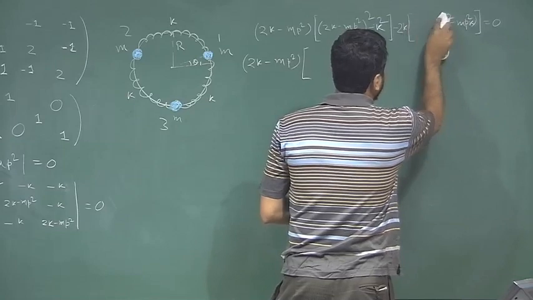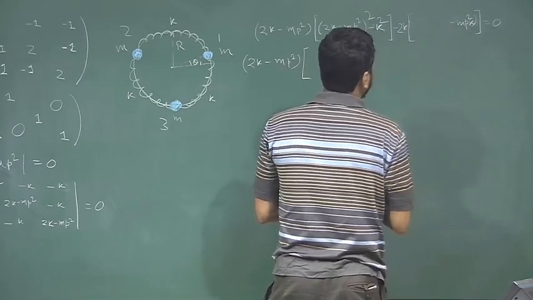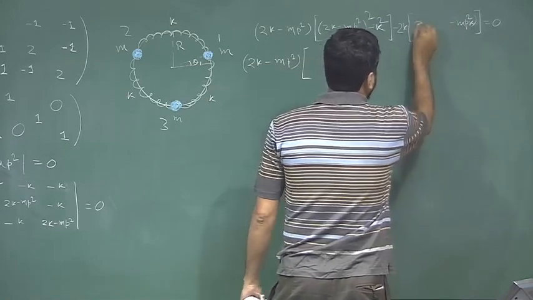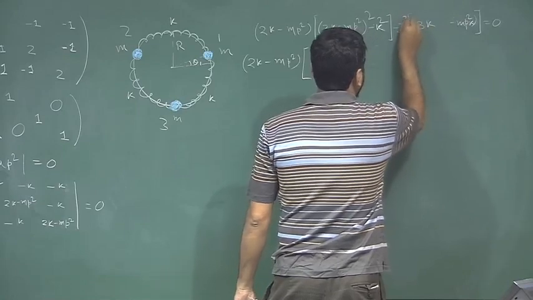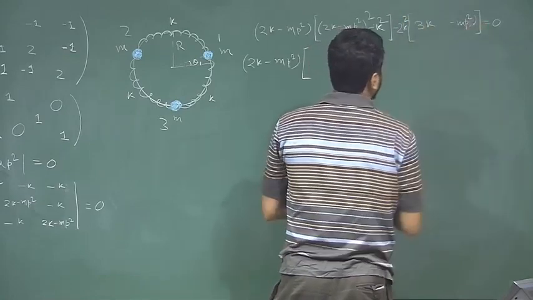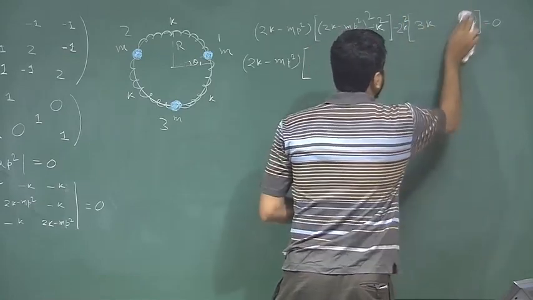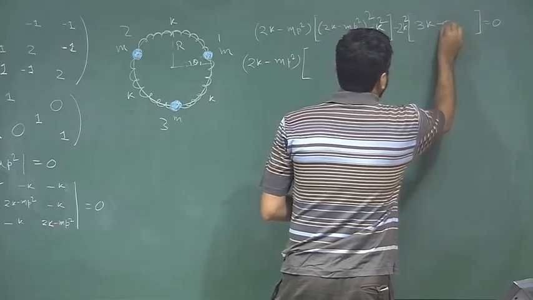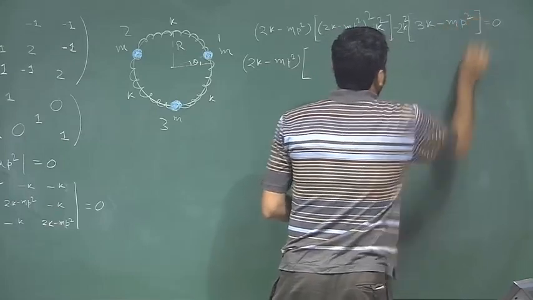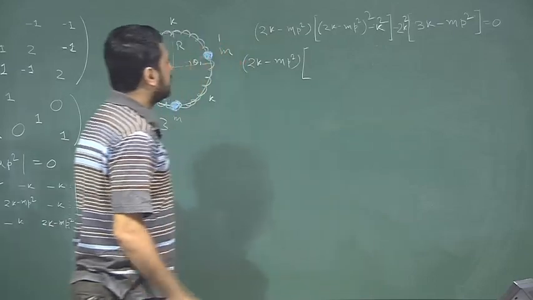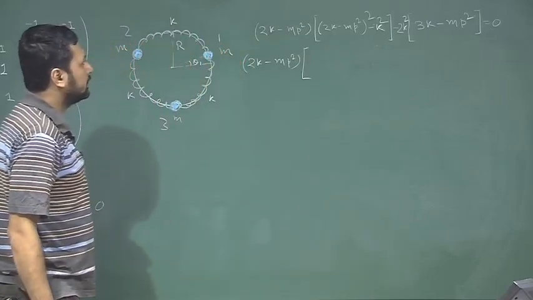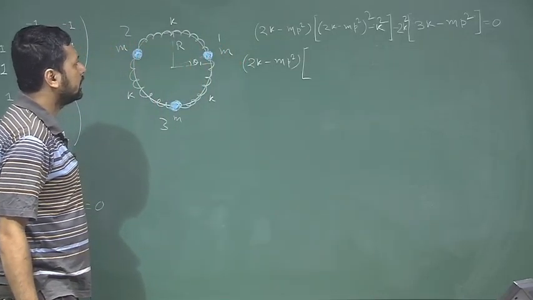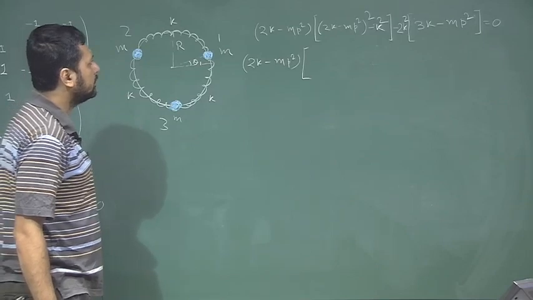So, it will give you 3k square, and 3k will put a k square here, minus m p square, 3k minus. Okay. So, this was one simplification I did beforehand, and anything else?